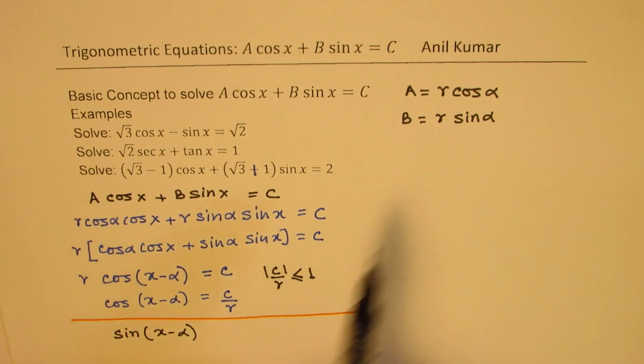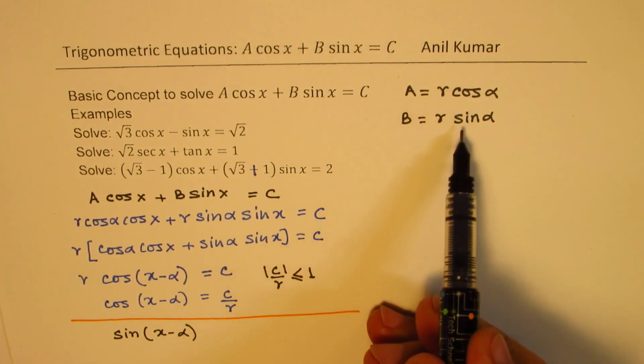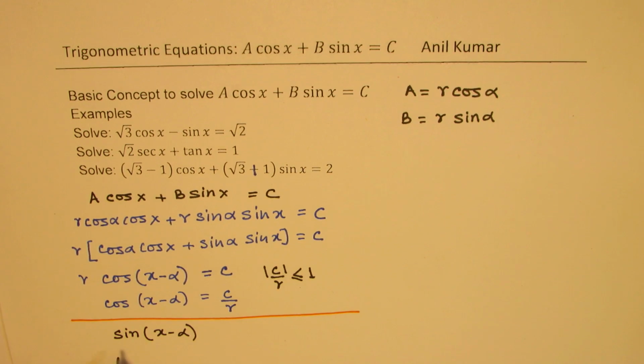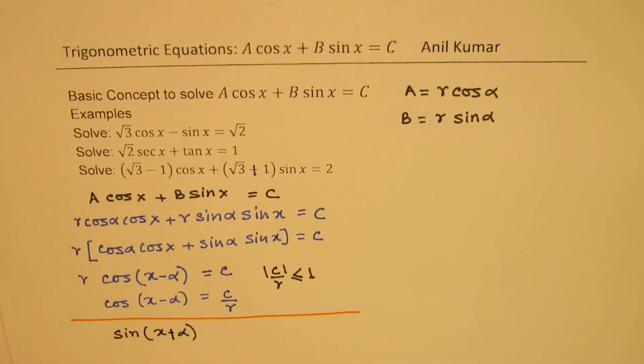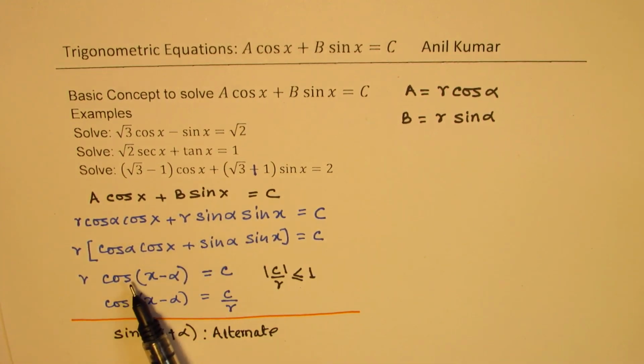If you had switched the substitution, I would have got the equation in terms of, well, if it is plus, it will be x plus alpha, right? So that was an alternate method. But any method can be adopted. You could either write the equation in terms of cosine or in terms of sine.